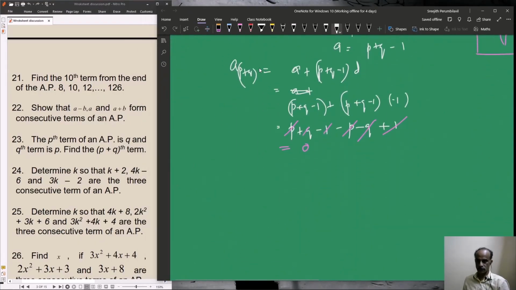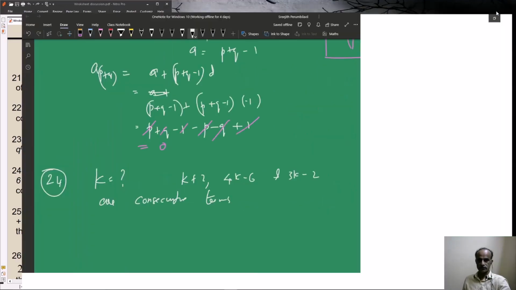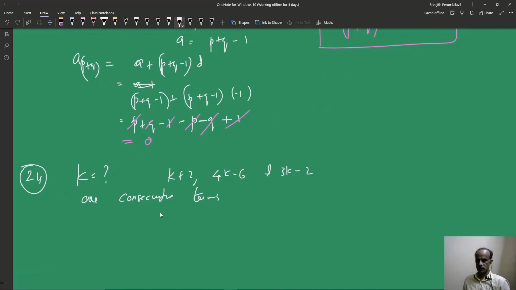Question number 24. That's an important question. Determine the value of k so that k plus 2, 4k minus 6 and 3k minus 2 are three consecutive terms of an AP.